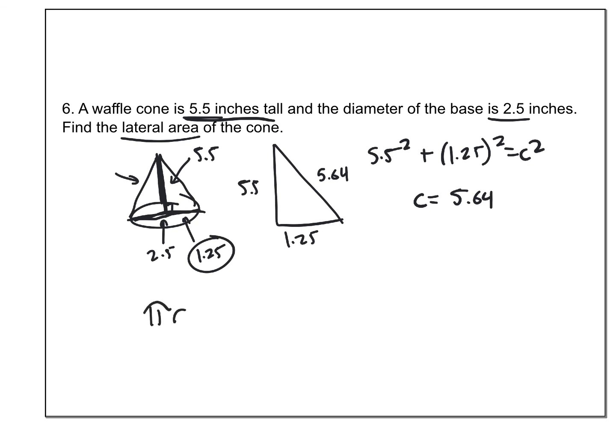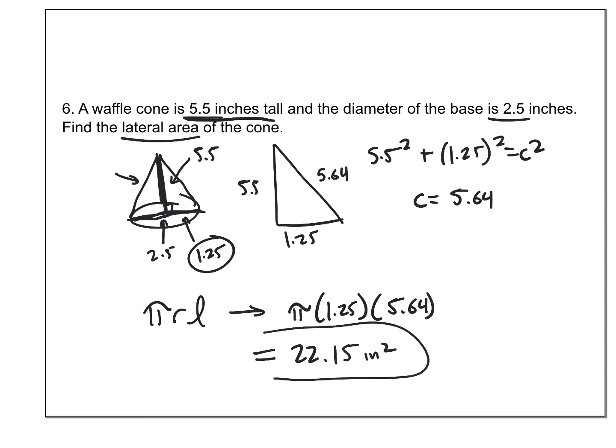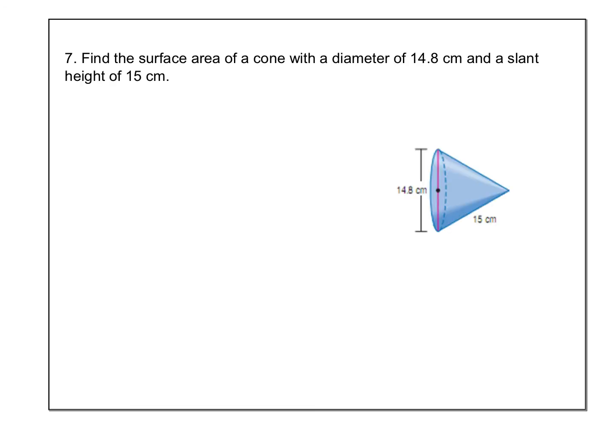So now, pi times radius times slant height: pi, my radius will be 1.25, my slant height 5.64. And then again, just some calculator mashing, put all that into your calculator and see what you get. I get approximately 22.15 inches squared. And that's all I'm doing. That's it. Just pi times the radius, because that's all I want, the lateral area. Pi times radius times slant height.